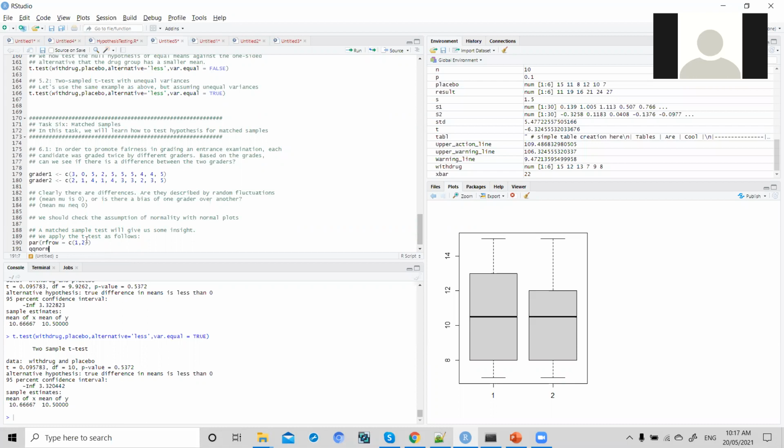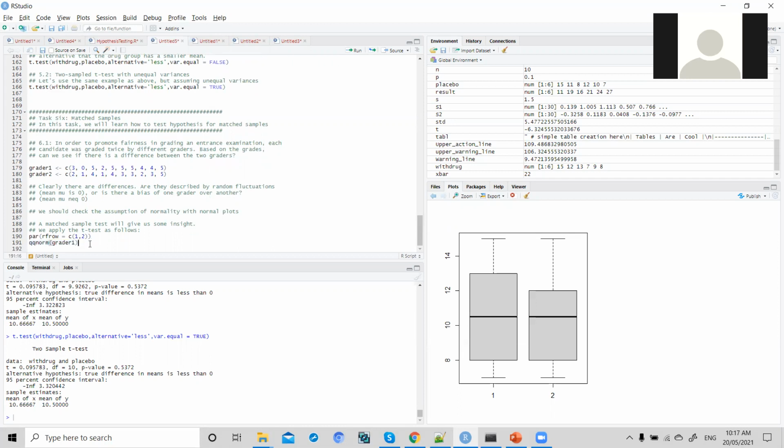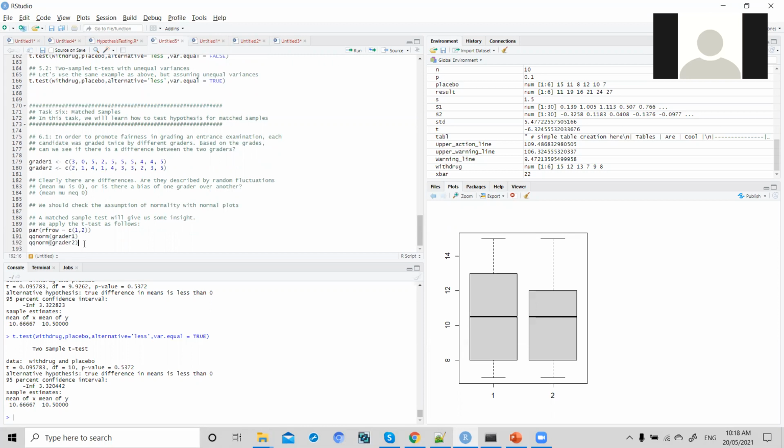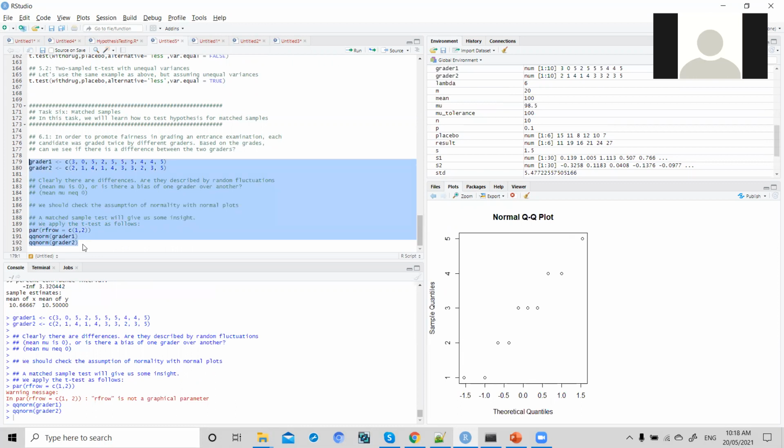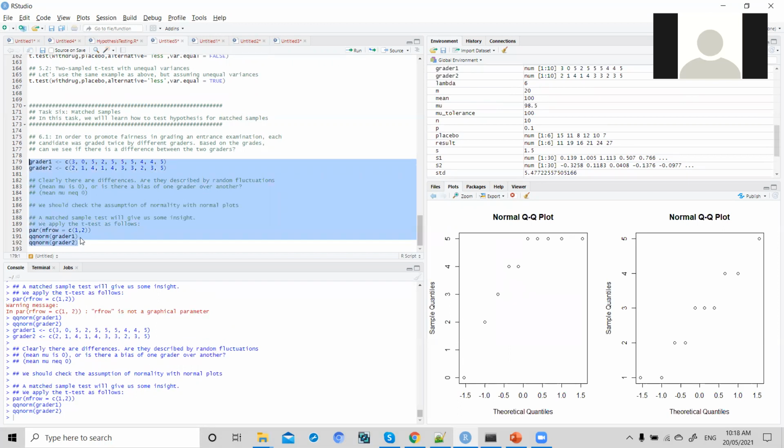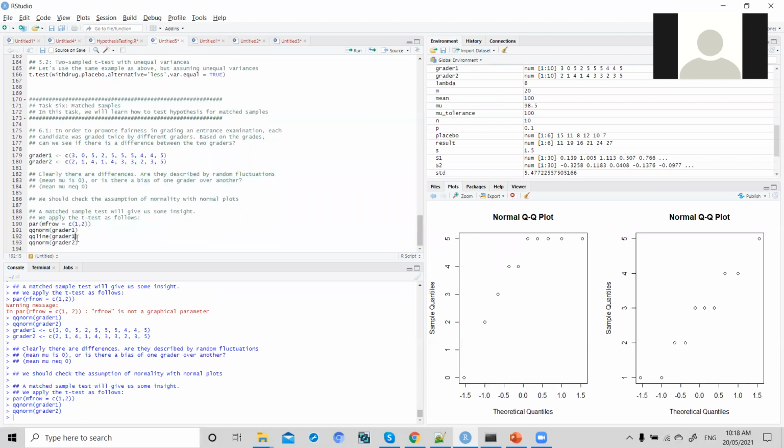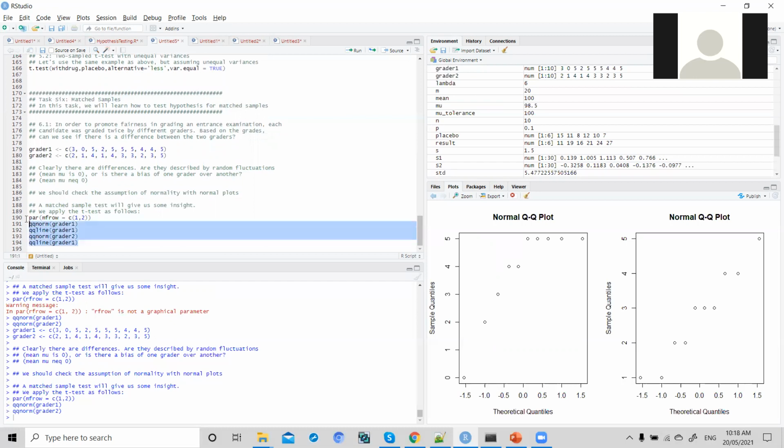So we have the QQ plot here, qqnorm. If we use grade one, qqnorm, then qqline of grade one.